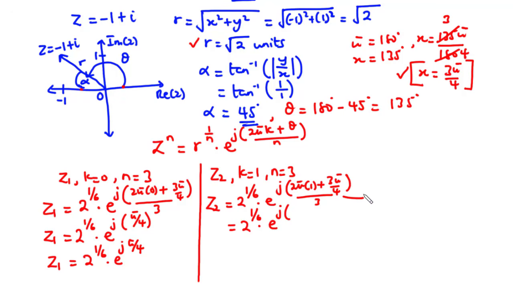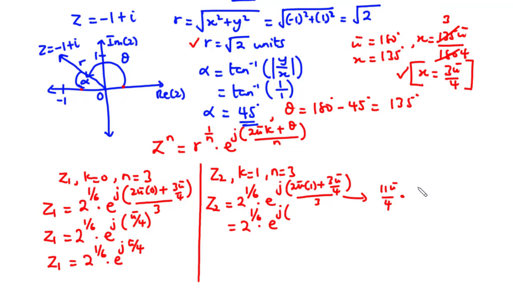Now let's work this one out. So we have 2 pi times 1, which is the same as 2 pi, plus 3 pi on 4. Now instead of writing 2 pi, we want to make the denominators the same so that we can just add the values at the numerator. So instead of writing 2 pi, we are going to write 8 pi on 4. Now it is the same as 2 pi. So 8 pi on 4 plus 3 pi on 4 is 11 pi on 4, and then divided by 3.